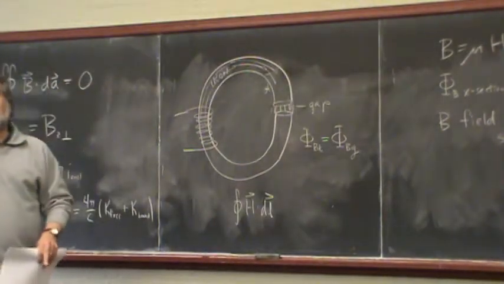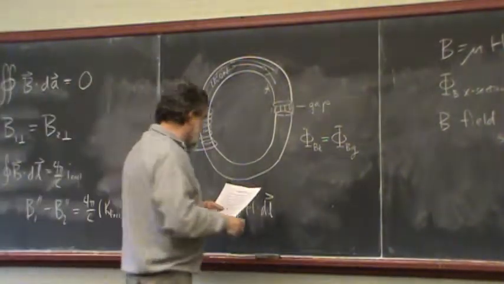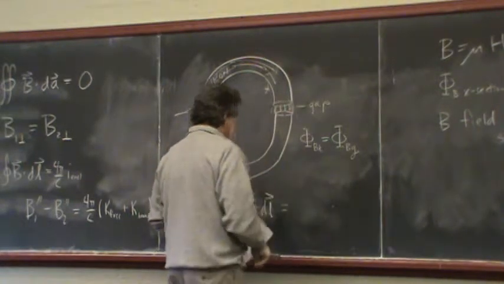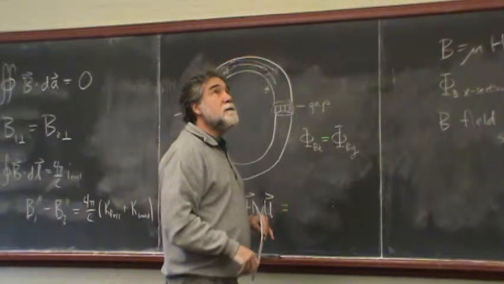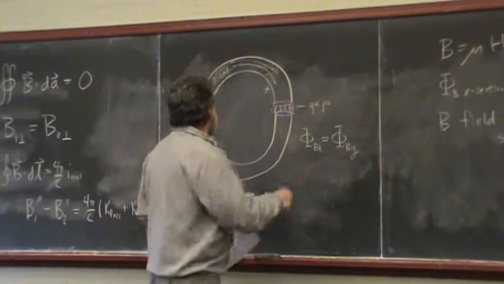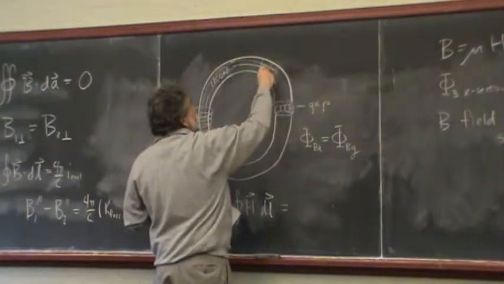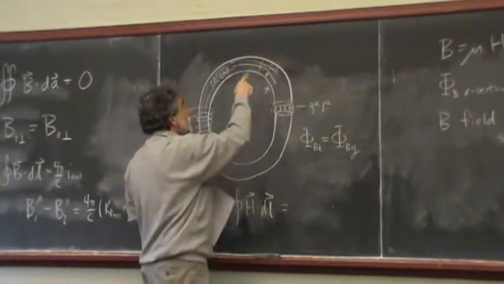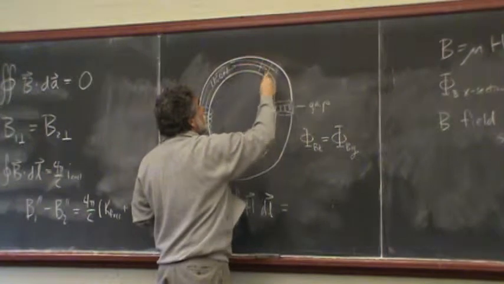I can do a loop integral of H, and I know that's going to have to be equal to, let's say over any region here, and here's somewhere where I'm about to cheat with the constancy across the cross-section.